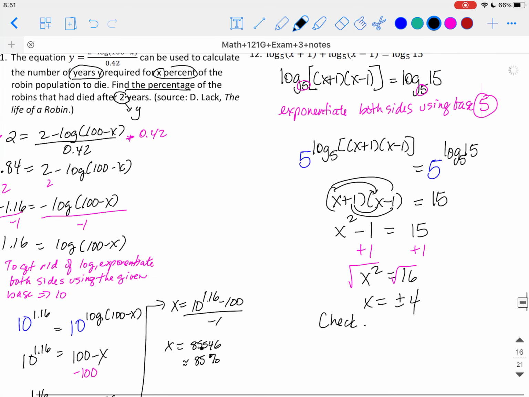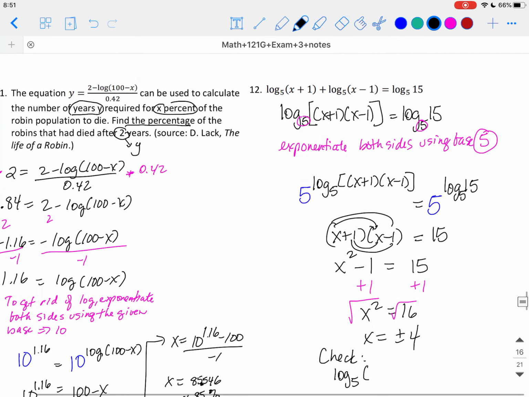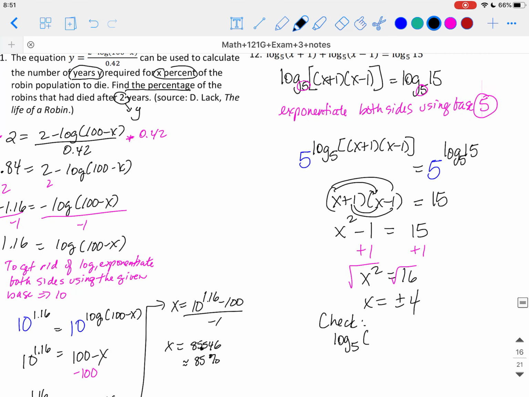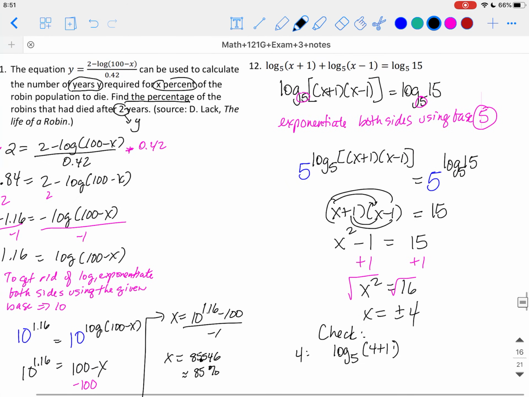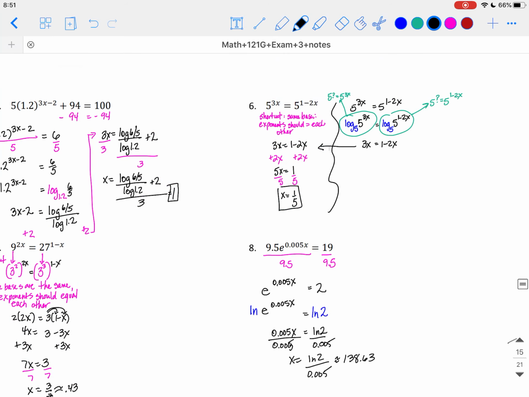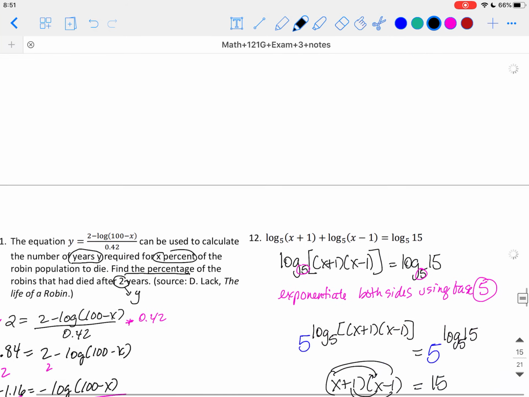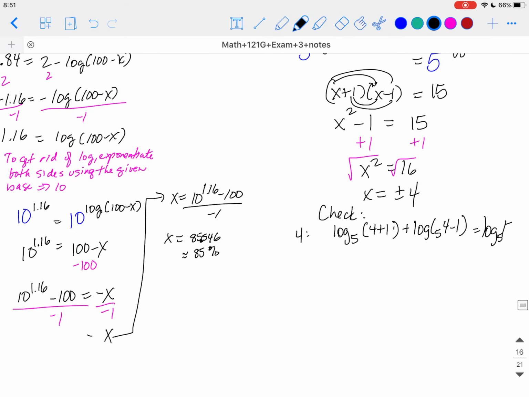So we need to check. So let's check the 4 here. Log base 5 of 4 plus 1 plus log base 5 of 4 minus 1 is equal to the log base 5 of 15.